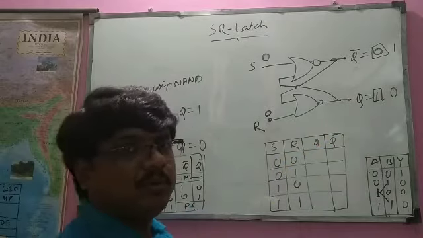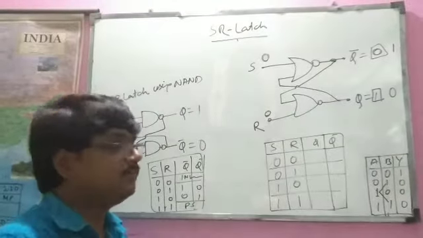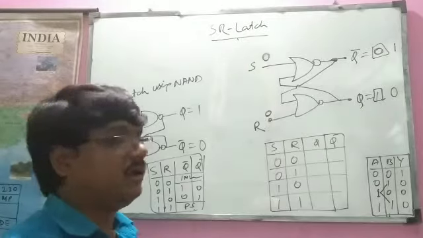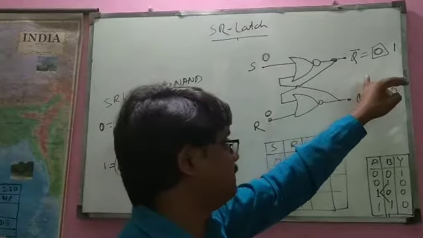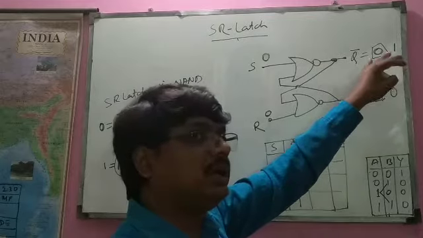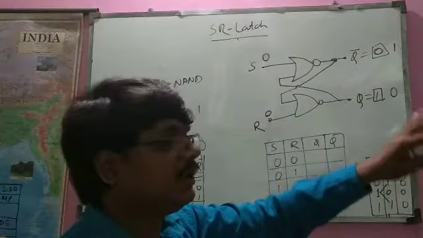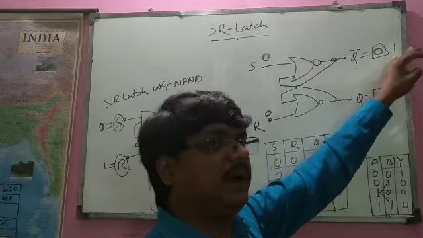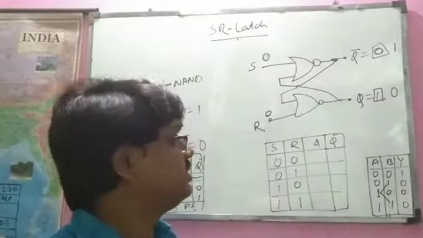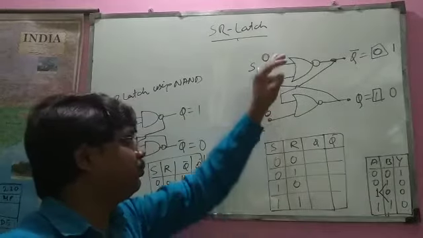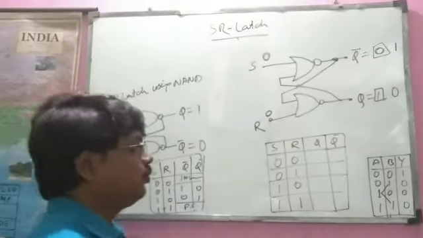So what is the beauty of this thing? If the output was 0, then it will remain in the 0 state. If the output was 1, it will remain in the 1 state. It will not change when we provide the input 0 0.